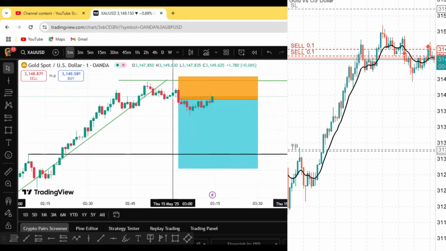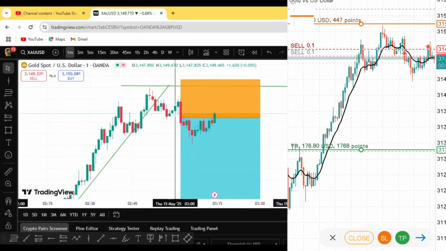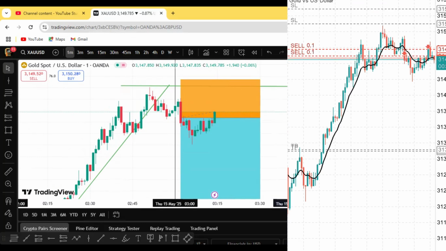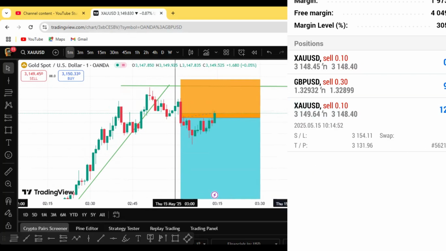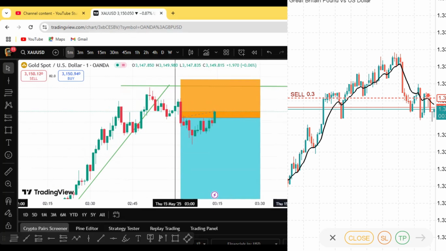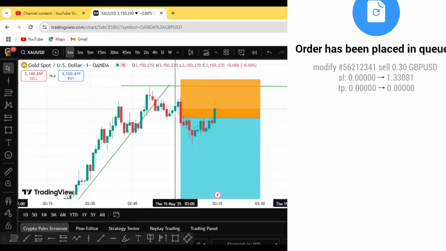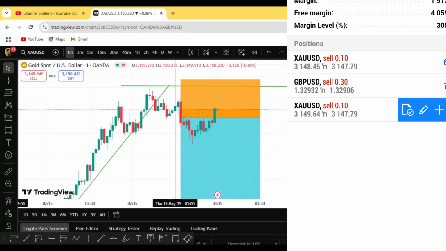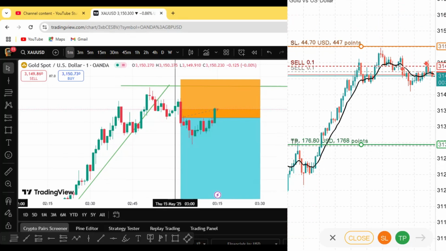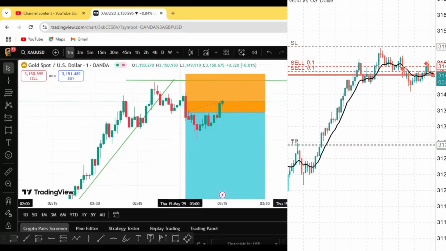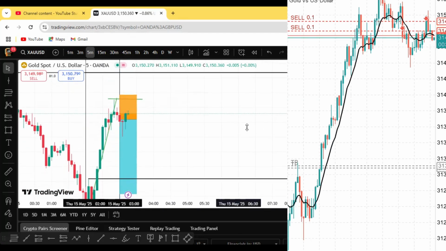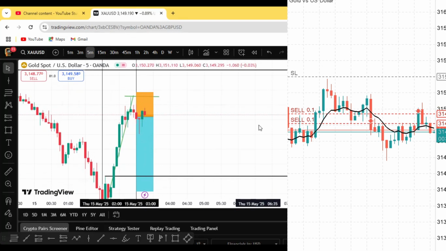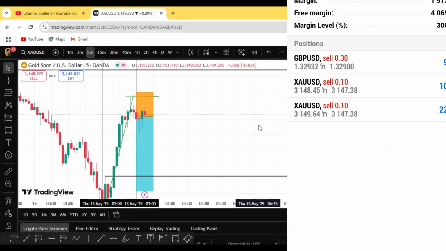The push up on gold. Okay, minus 30. Let's see how this trade closes.